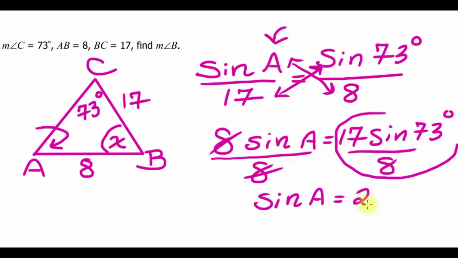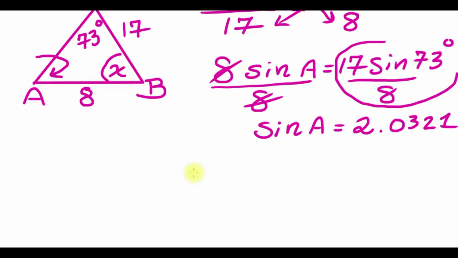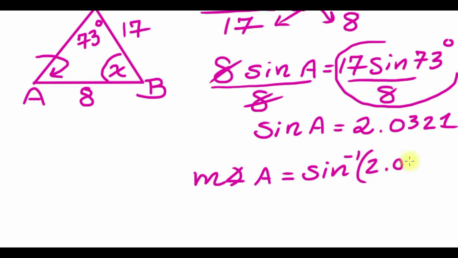So here the measure of angle A is going to be arc sine, the inverse of sine, 2.0321. Okay, so when you input this into the calculator, it's going to come out with an error.